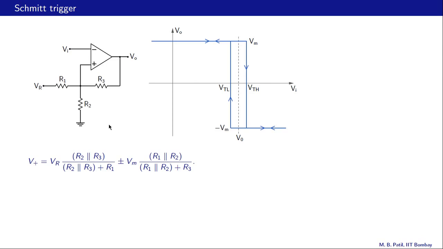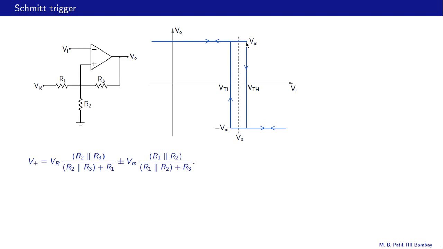Let us now try to understand how this circuit works. Let us say we are somewhere here on the VO versus VI curve. That means our VO is plus Vm and VI is, let's say, 0 volts. And now we are increasing VI, and at VI equal to VTH, the output is going to flip from plus Vm to minus Vm.